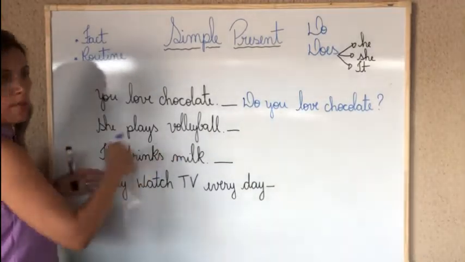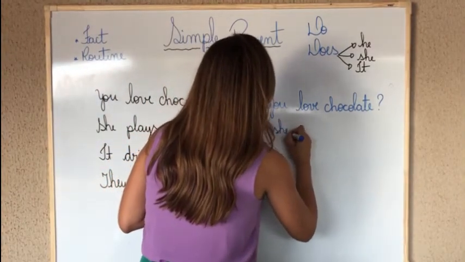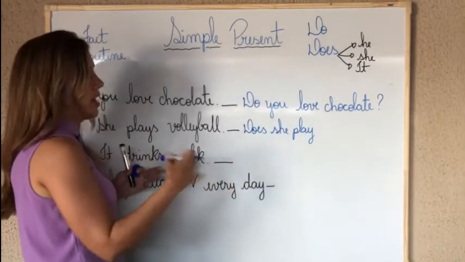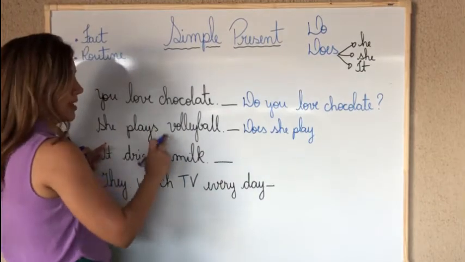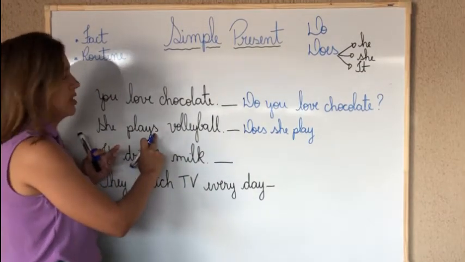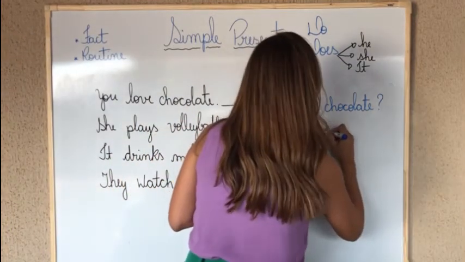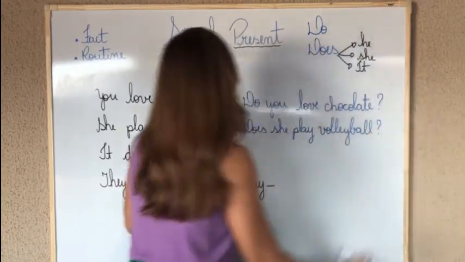She plays volleyball. Does she play? Because when I ask a question or say it in negative, I use play, the verb with no s. I use s only in affirmative. Does she play volleyball? Okay.